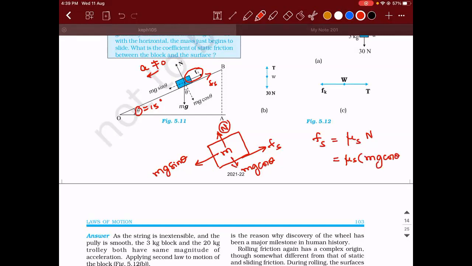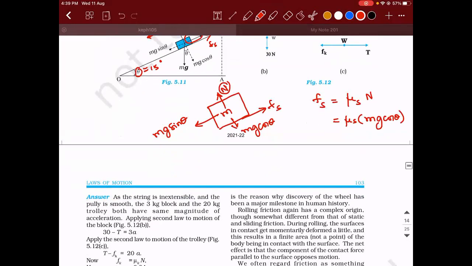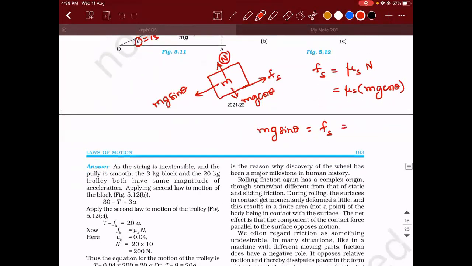Then mg sin theta should be slightly greater than Fs. So the maximum value is when mg sin theta is equal to Fs. So it becomes mu s into mg cos theta. mg and mg get cancelled. Tan theta will be equal to mu s.